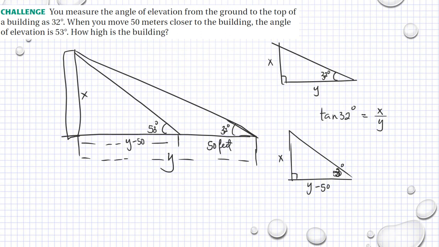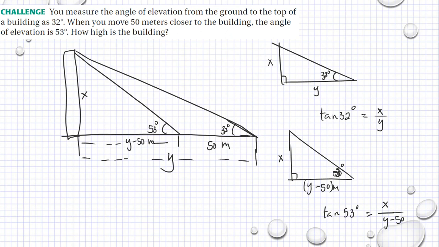Meters this time, not feet. Now we have tangent of 53 degrees is equal to x divided by y minus 50.